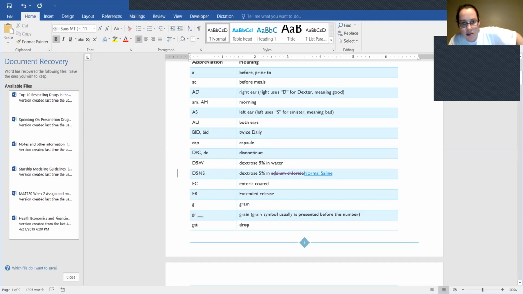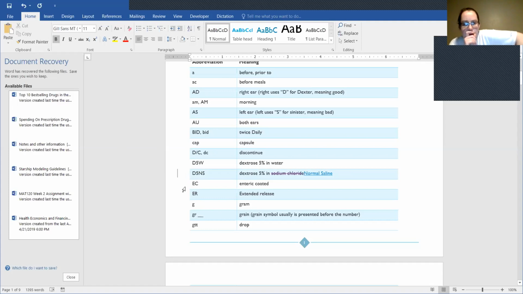No, it's in a very specific form, normal saline, 0.9% sodium chloride. So D5NS, along with normal saline and Ringer's and lactated Ringer's, are very common IV fluids given to patients when they are in an ambulance or in a hospital, to keep them hydrated and nourished.